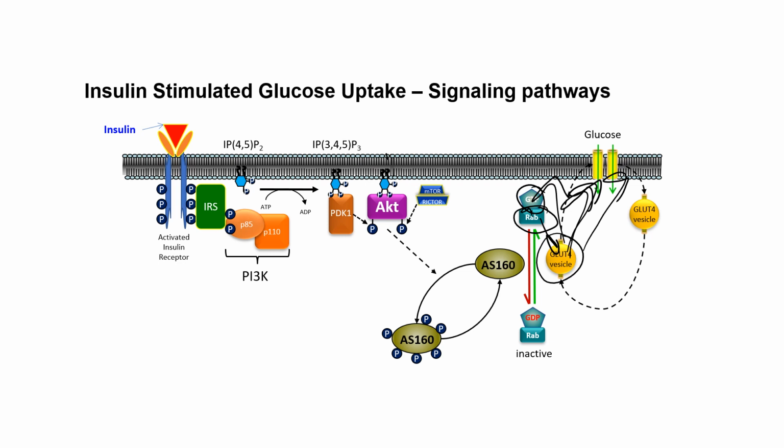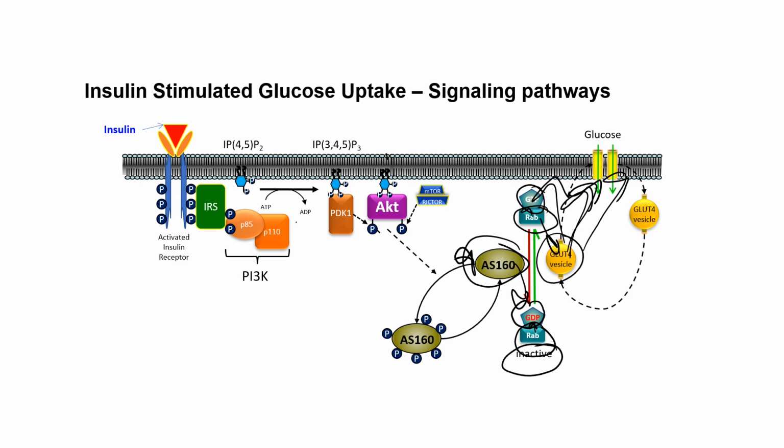In a normal state, when insulin is not bound to the skeletal muscle cell, this AS160 protein is very active. And when AS160 is active, it's keeping the Rab protein with a GDP bound to it rather than a GTP bound to it. And when Rab has GDP bound to it, it's inactive. So we would not be getting any GLUT4 translocation as long as Rab is inactive.